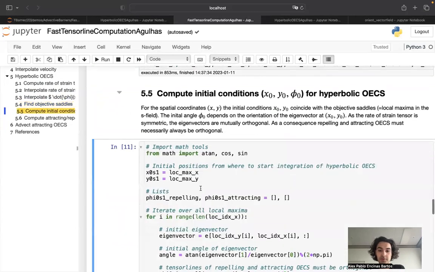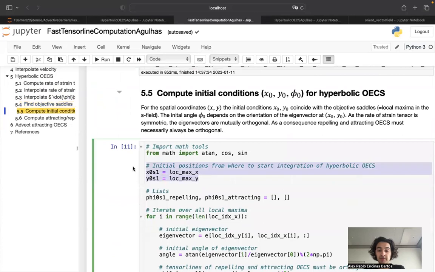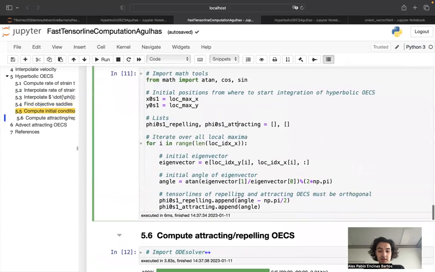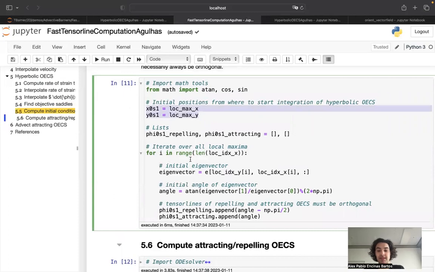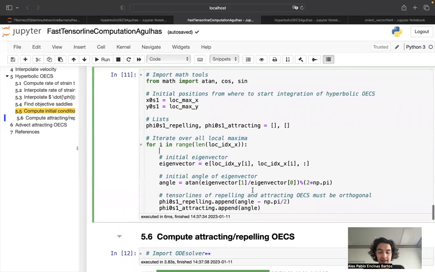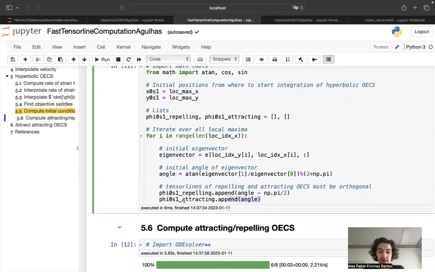Then, of course, we need to compute the initial conditions. So x0 and y0 simply are the locations of the local maxima, and phi0 is simply the angle of the eigenvector at these local maxima. And of course, here you have an angle for the attracting and an angle for the repelling.